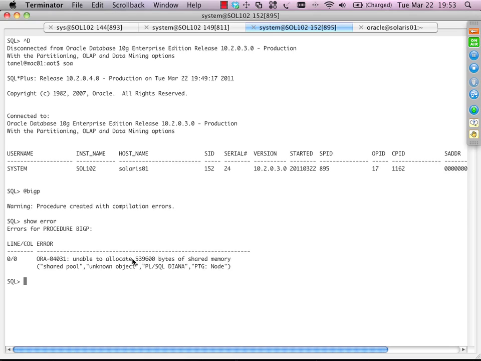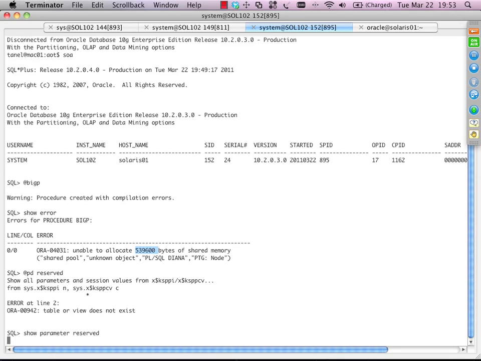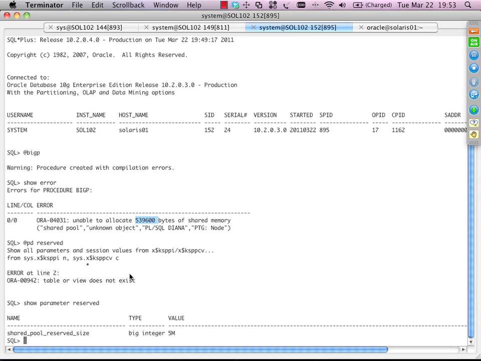And of course, the large pool reserved area. Oh, sorry, not large pool, but shared pool reserved area. This is the reason this reserved area exists for such big allocations.